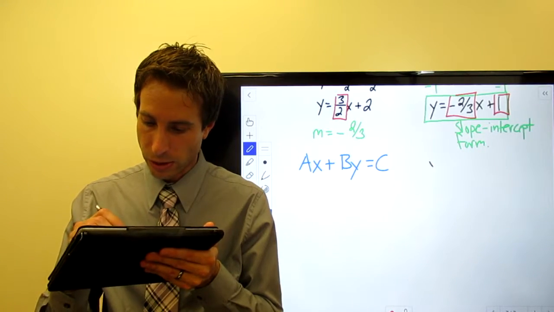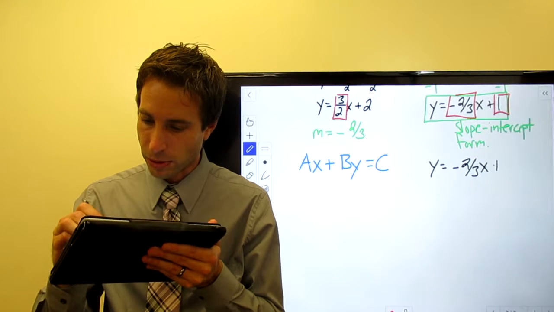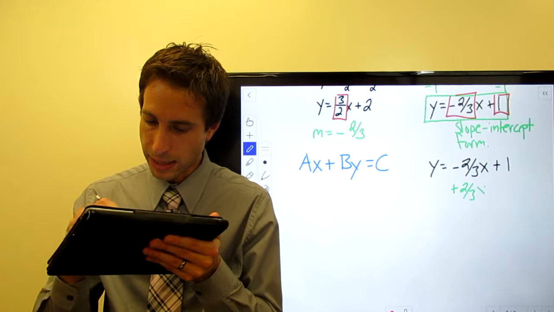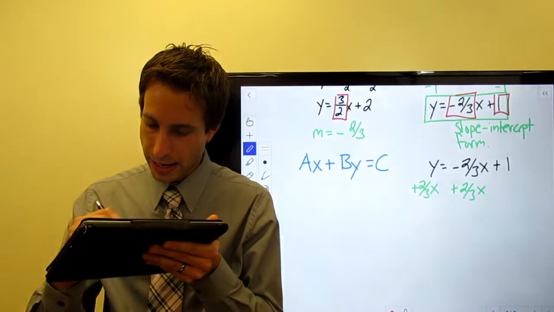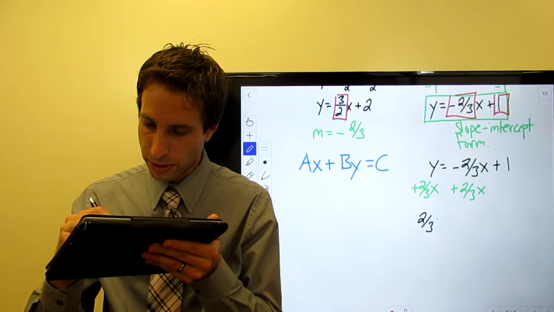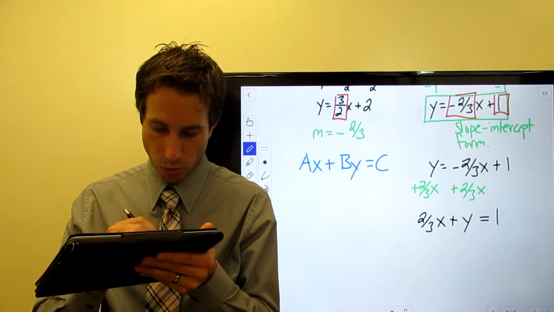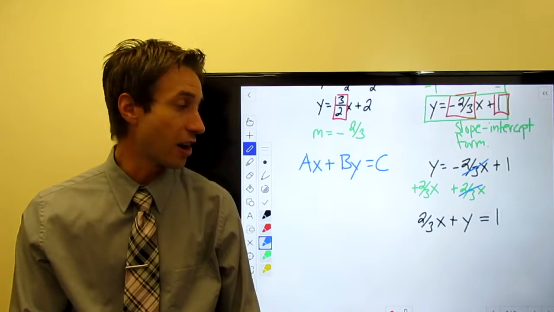So let me show you how this works. y is equal to negative 2/3 x plus 1. I'm going to add 2/3 x. When I do that, I get 2/3 x plus y is equal to 1, right? Because those guys cancel each other out, leaving me with just the 1 over there.